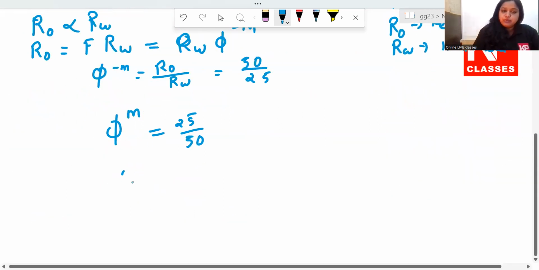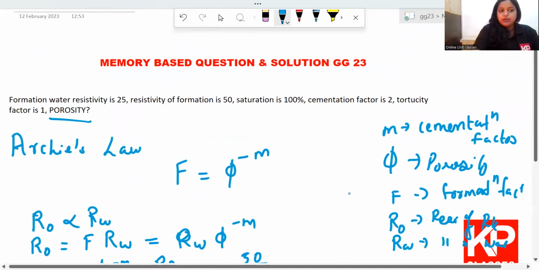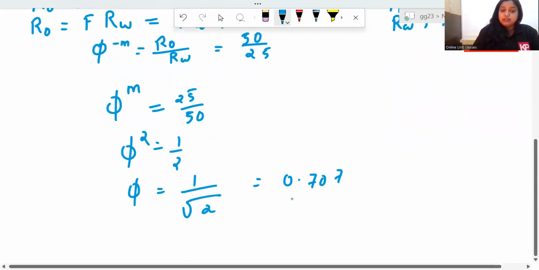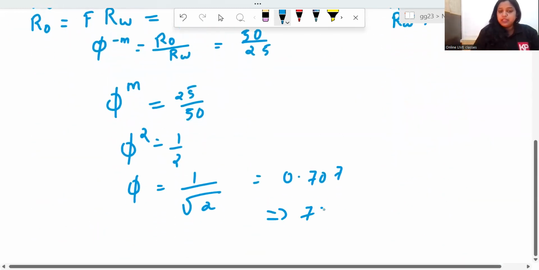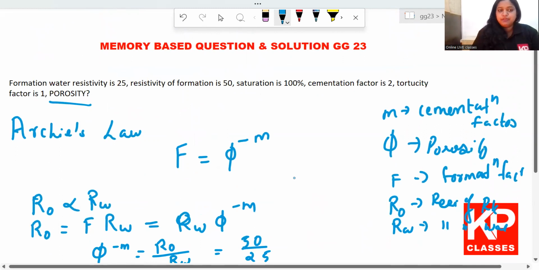So phi raised to 2 is equal to 1 by 2, and the value of phi will be 1 by root over 2, which is equal to 0.707. In the question they have asked to calculate it in percentage, so the answer will be 70.7%.